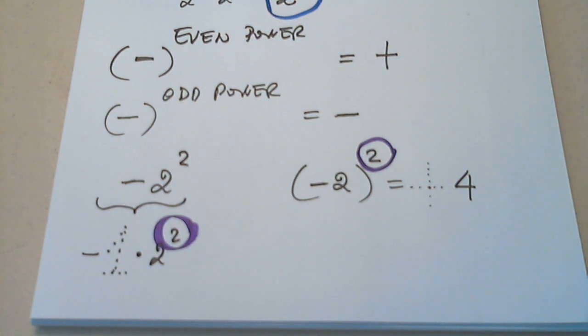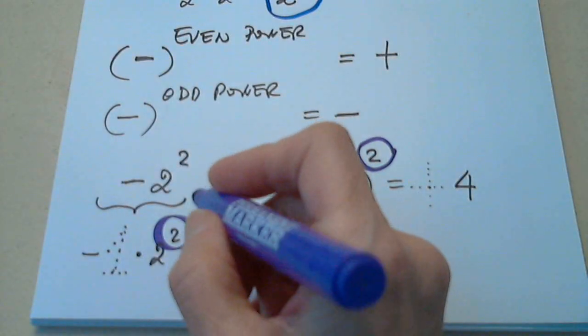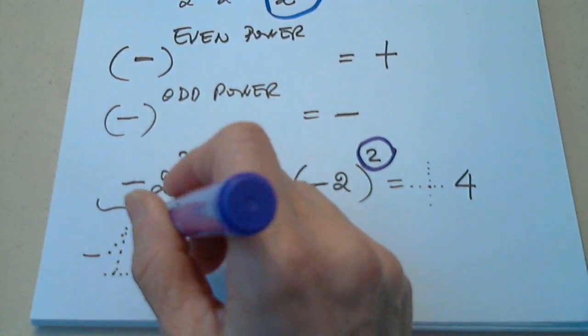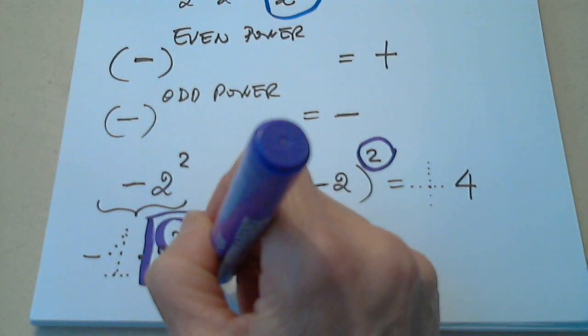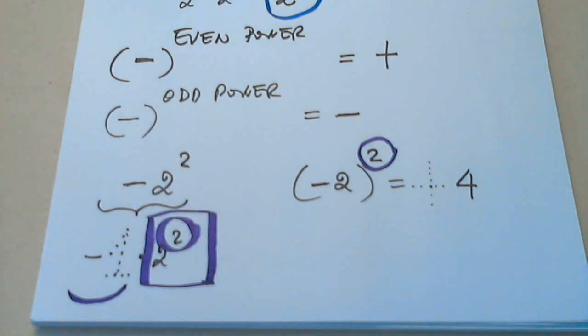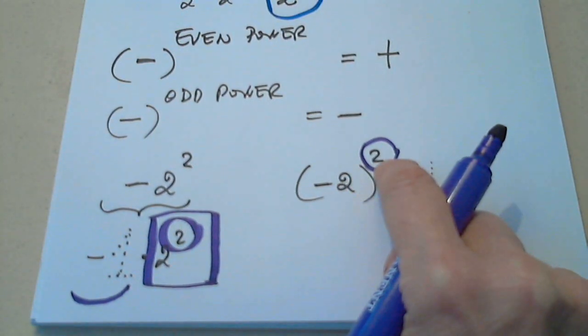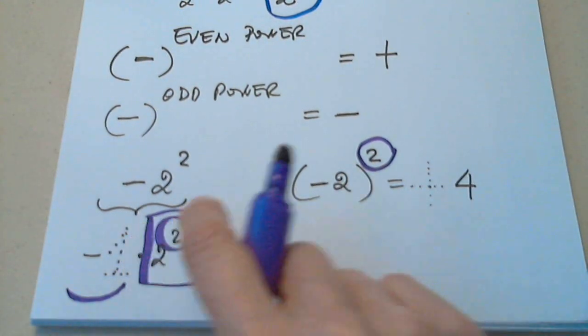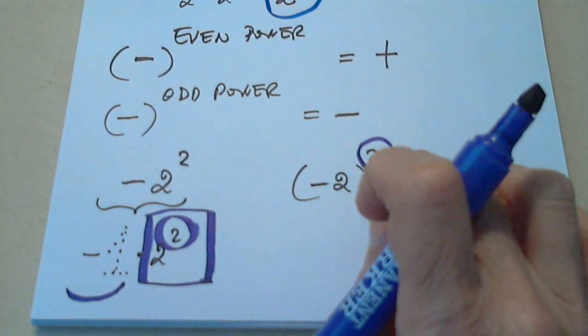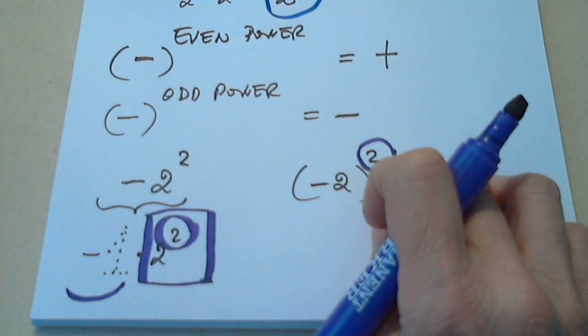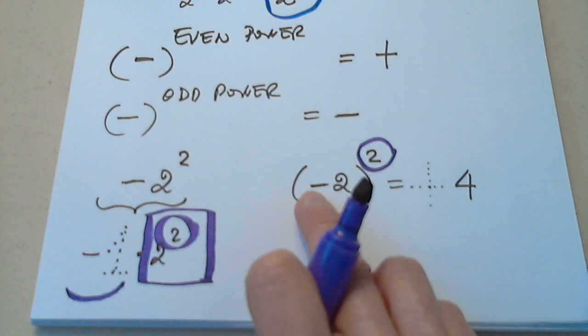No connection whatsoever. By the order of operations, this is what I have to perform first, and then the result gets multiplied by -1. This negative has no connection to the power. Here it does. Because here I have to square -2. I'm not allowed to leave the sign alone.